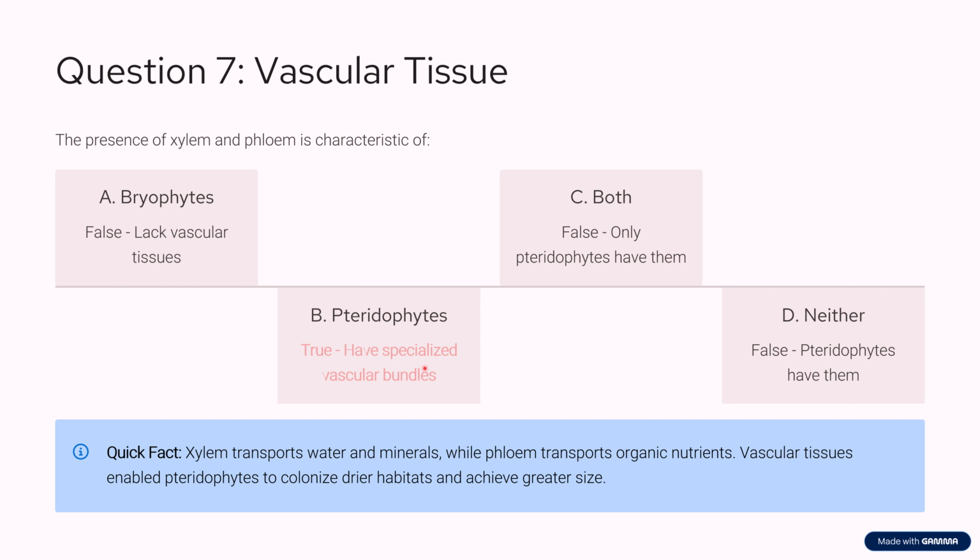And the correct option is B, pteridophytes have specialized vascular bundles. Quick fact: xylem transports water and minerals while phloem transports organic nutrients. Vascular tissues enable pteridophytes to colonize drier habitats and achieve greater size.